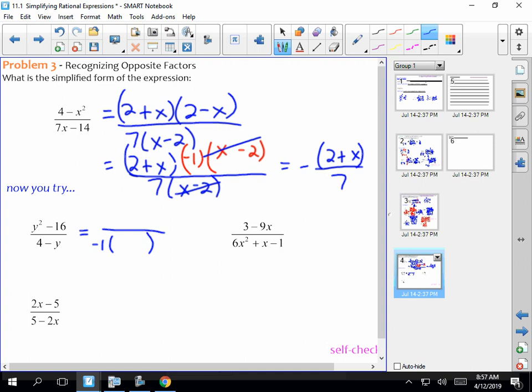My question is, if I factor a negative 1 out of 4 minus y, it's like dividing by a negative 1. How does that change my factor? What's my new factor? Yeah, it's now a negative 4 and a positive y.